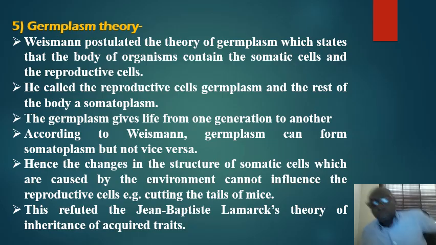For example, if you cut the tail of a mouse, it does not mean that when it gives birth, its offspring will not have a tail. Thus, this refuted Jean-Baptiste Lamarck's theory of inheritance of acquired traits.